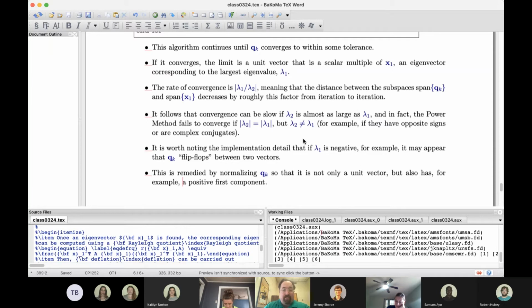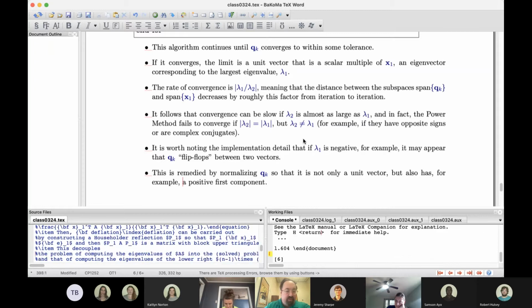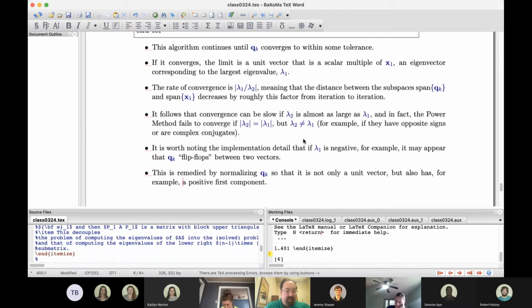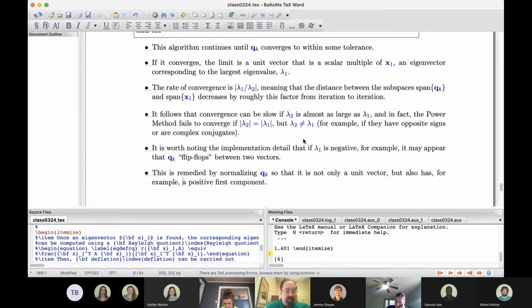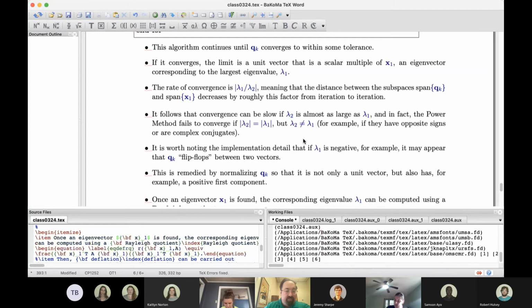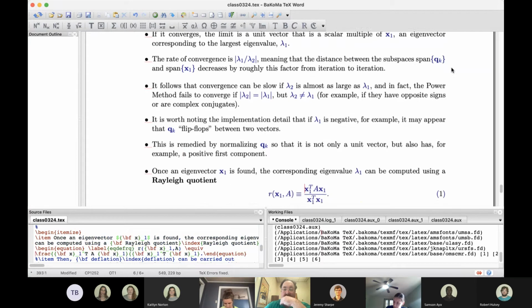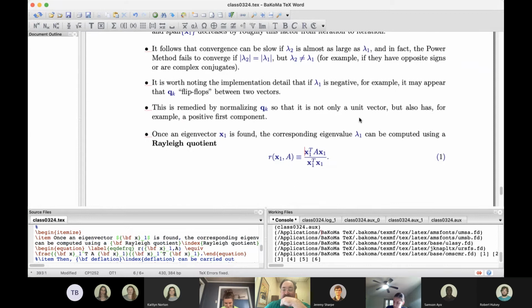So let's suppose you try the power method out and it does converge. So now you have x1. You know that's the eigenvector that goes with the largest eigenvalue. How do you get the eigenvalue? You use this expression. It's called a Rayleigh quotient.